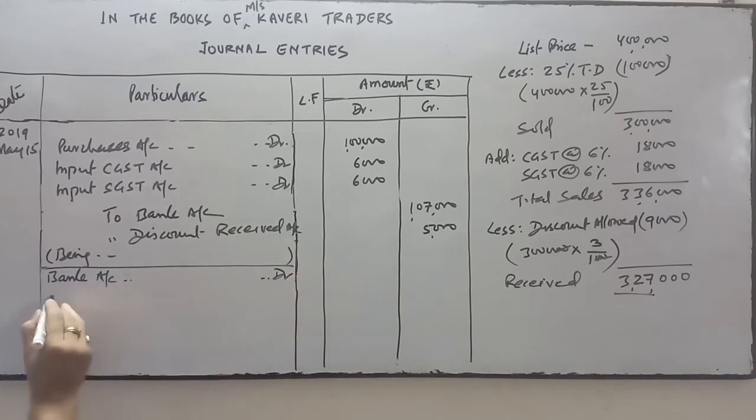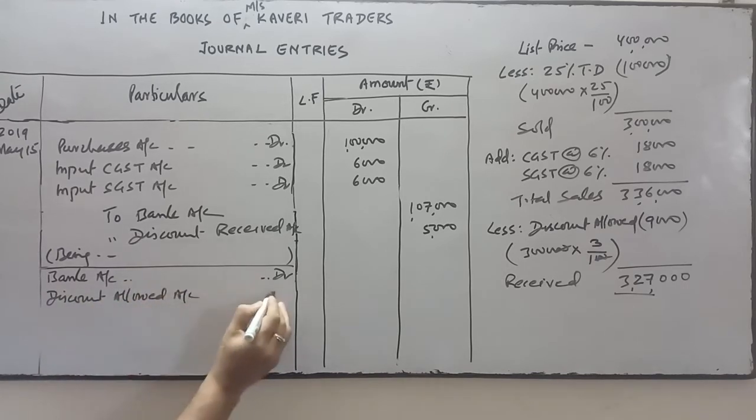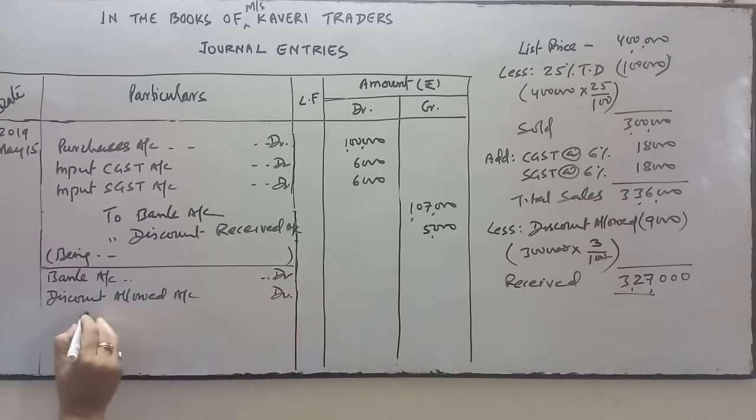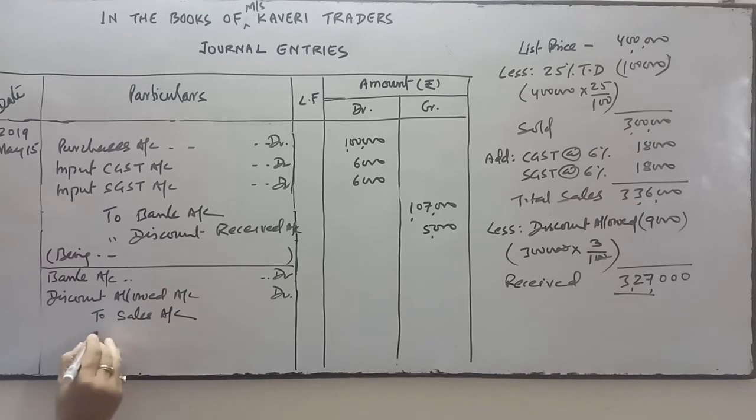So the entry will be bank account debit, discount allowed account debit, to sales account, to output CGST, to output SGST.